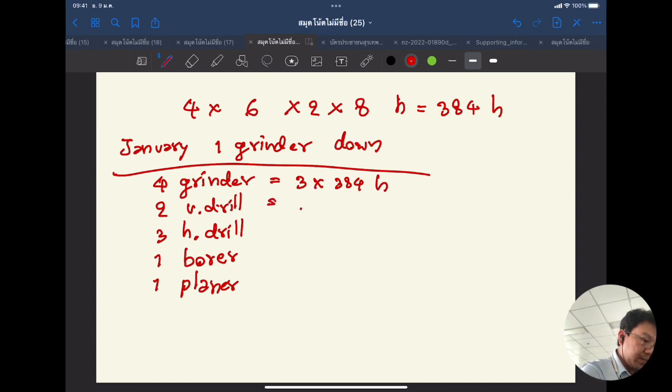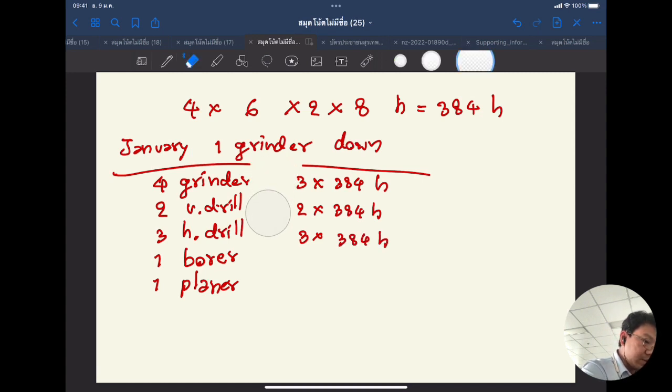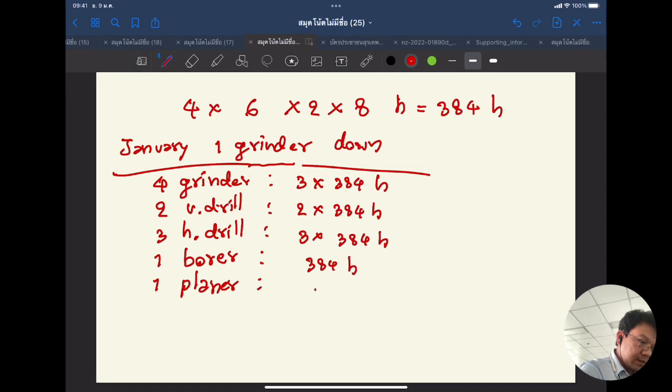For the vertical drill, it should be 2 times 384 hours. And of course for the horizontal drill it should be 384 hours.